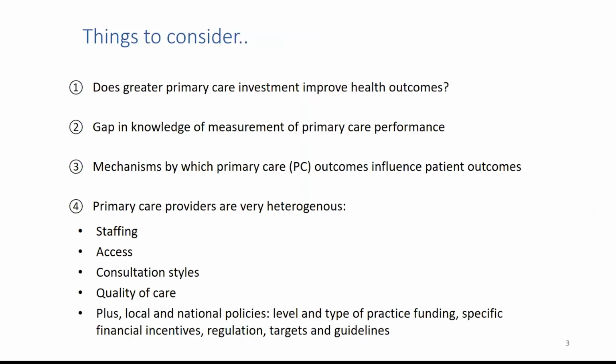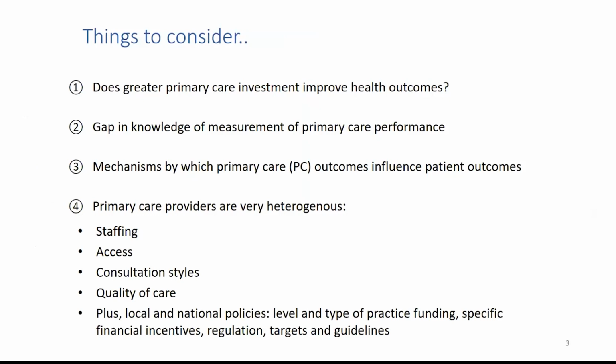So here's a few things to consider for this seminar. Does greater investment in primary care improve population health outcomes? There's also a gap in knowledge in the measurement of primary care performance. And the mechanisms by which primary care outcomes influence patient outcomes are very important.